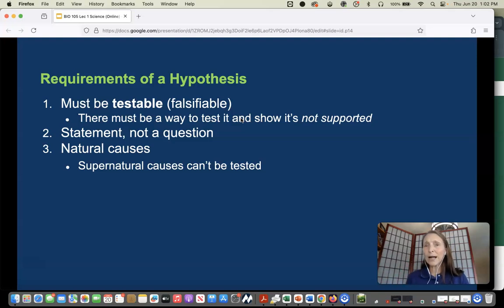So again, if you state that you had a certain religious experience, the challenge is that you can't make a hypothesis about this because, again, in science, a hypothesis has to be testable and potentially falsifiable.